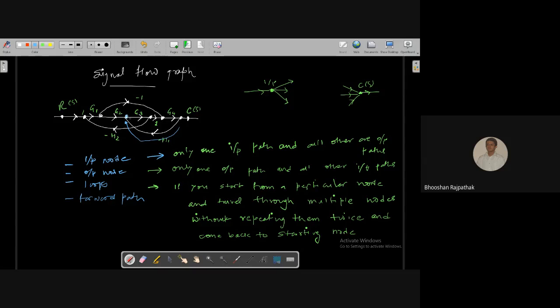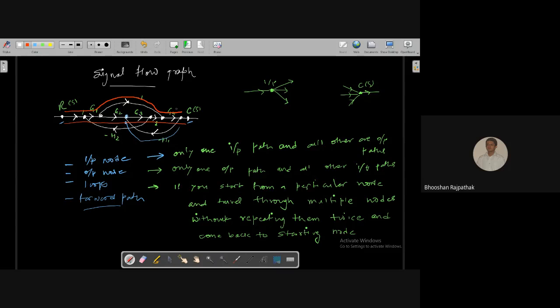So if you start from this, travel like this, and come back to the same node again, all other nodes are not repeated twice, only the starting node. This is a loop. What is a forward path? Forward path is a path which connects input node to output node. In this example, there are two forward paths. One is like this. The second is you can travel through this route also, and you can come here.